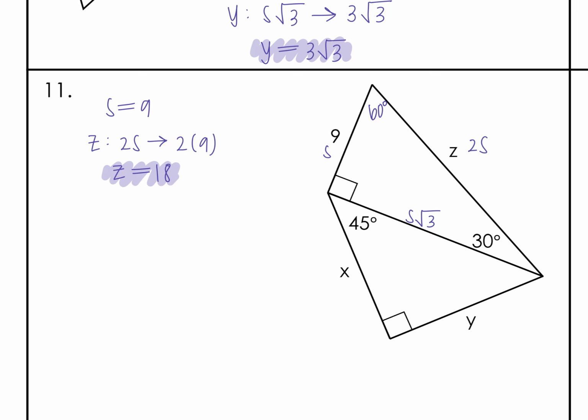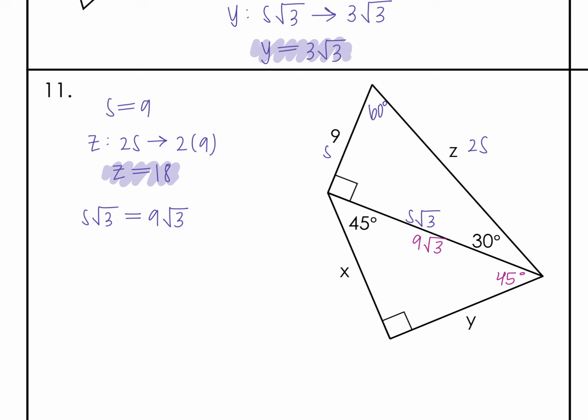So my s root 3 is going to be equal to 9 root 3. Okay, so I'm going to switch colors because now I'm moving into finding lengths for my 45, 45, 90. In case you hadn't noticed, I did all of those in this pink color.